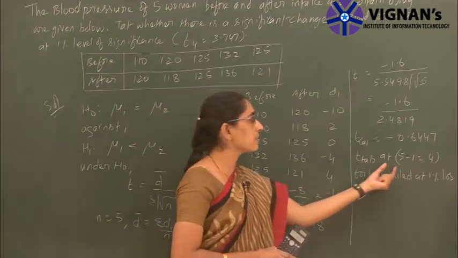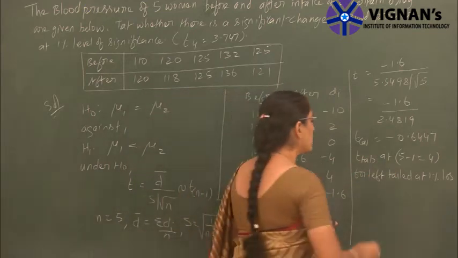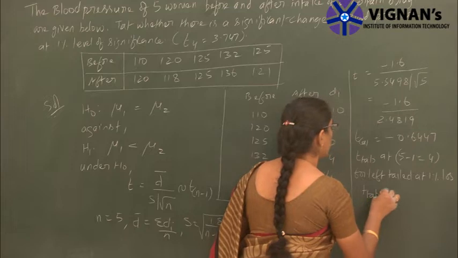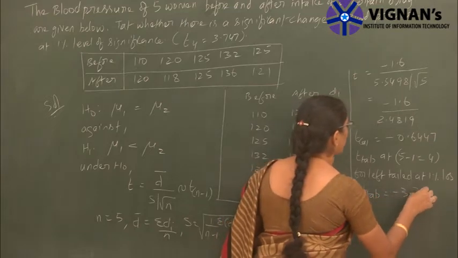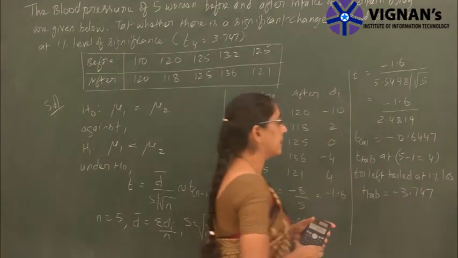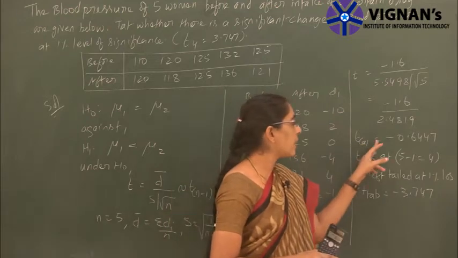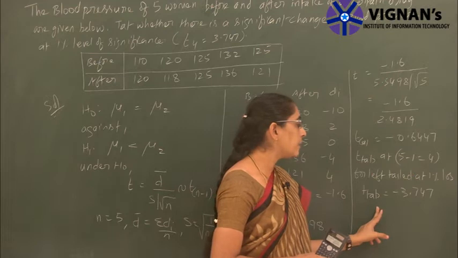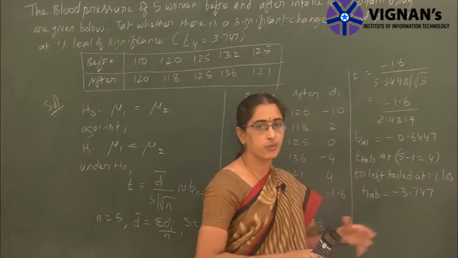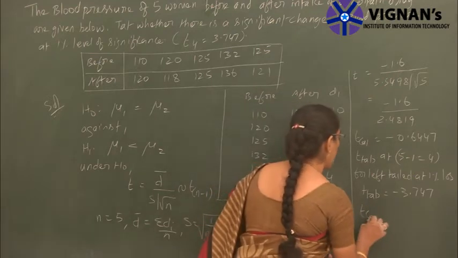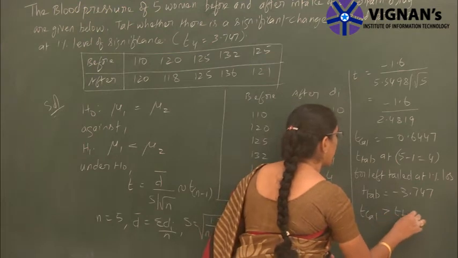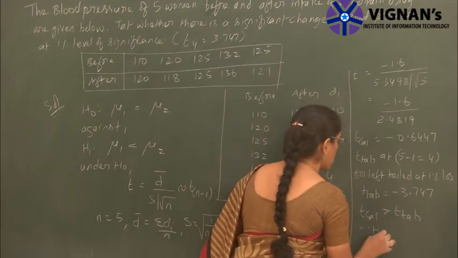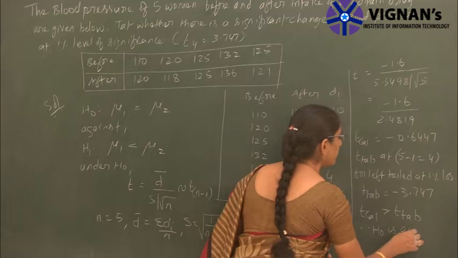So since our alternative hypothesis is one-tailed, that means the tabulated value of T is minus 3.747 here. Now our T calculated value is minus 0.6447 and T tabulated is minus 3.747. That means T cal is greater than T tab. So therefore H0 is accepted.